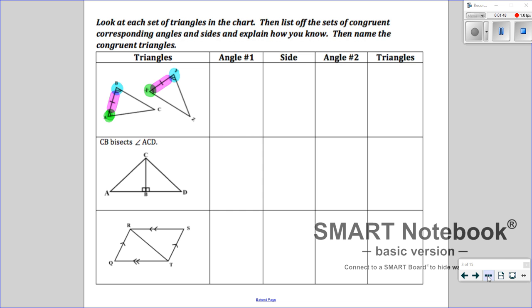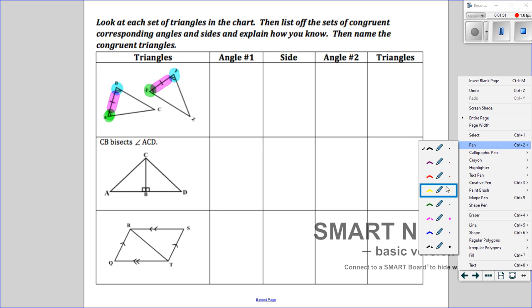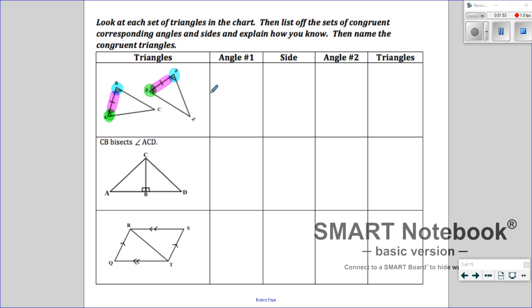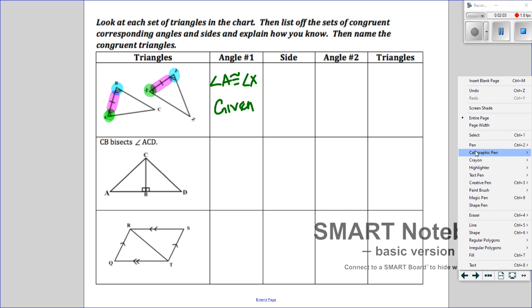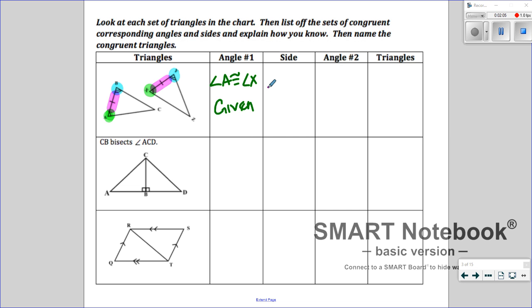Now I'm going to write the information that I need. The first one would be the green. Angle A is congruent to angle X, and the reason is given because of the marking. The side is going to be AB. AB is congruent to XY, and that's also given because they marked it with a little tick mark.